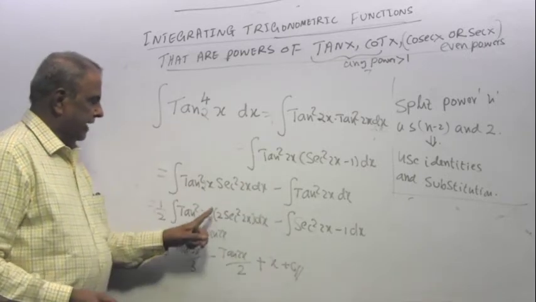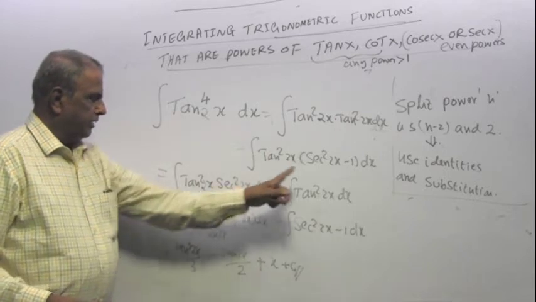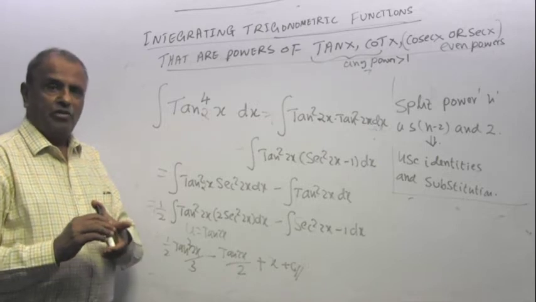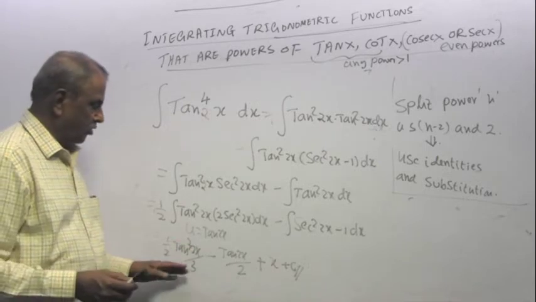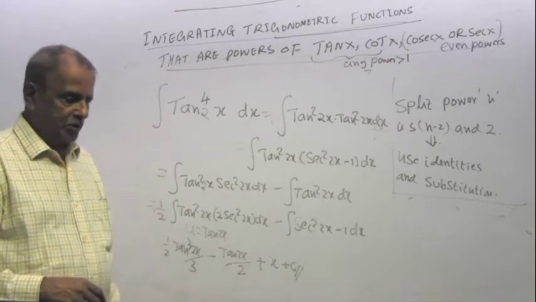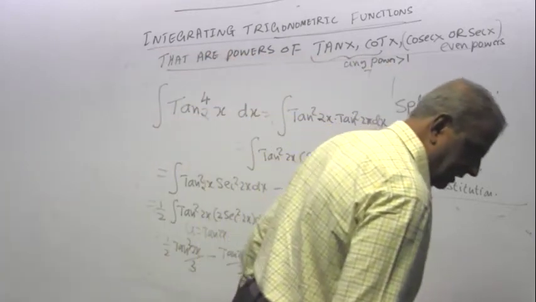I purposely didn't use that substitution again, because students will write it as tan x. So to avoid that, I have to do it this way. Okay? Good? That's quite interesting.